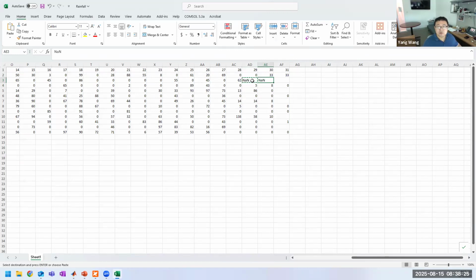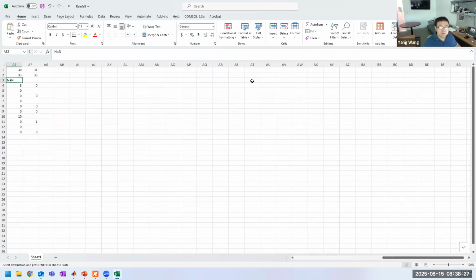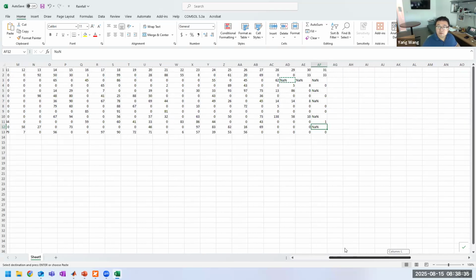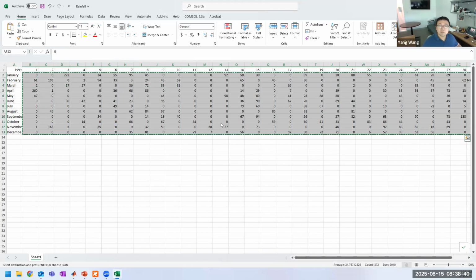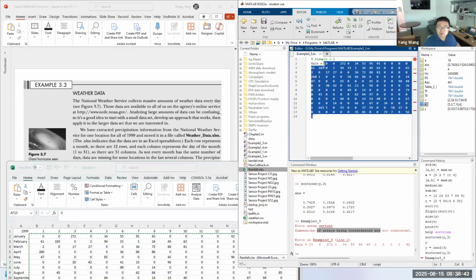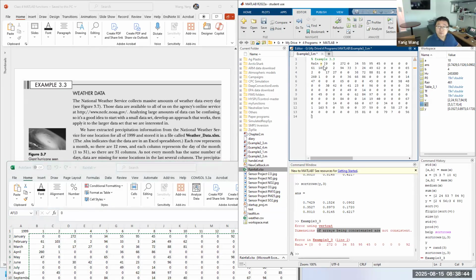As we mentioned earlier in this class, MATLAB recognizes not a number and infinity in its data operations. Okay, so we can again copy everything here. Paste.